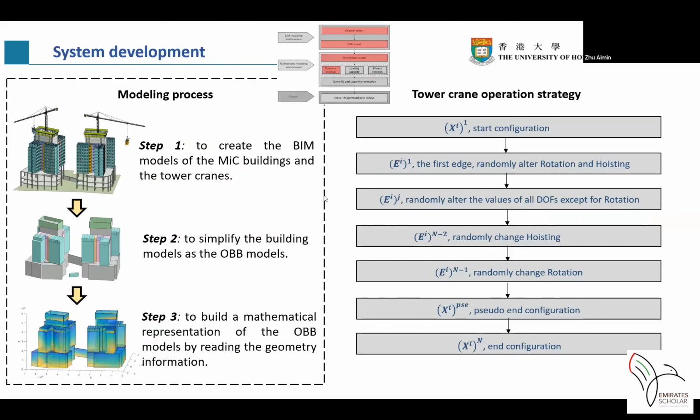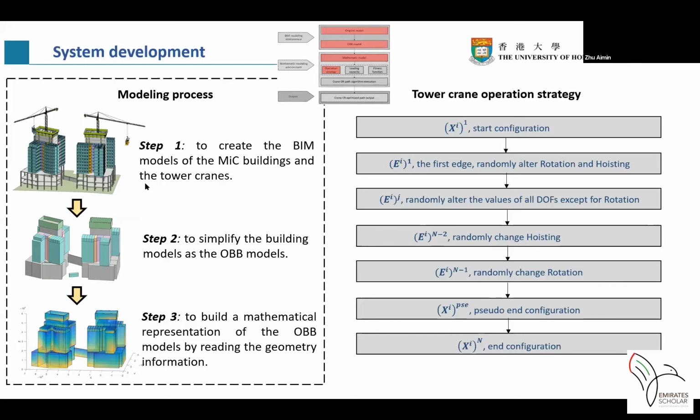So now I'll give you more details about the system development process. Just as mentioned before, the modeling process is very important because it includes the development of the building modeling environment and the mathematical modeling environment, mainly including three sub-steps.